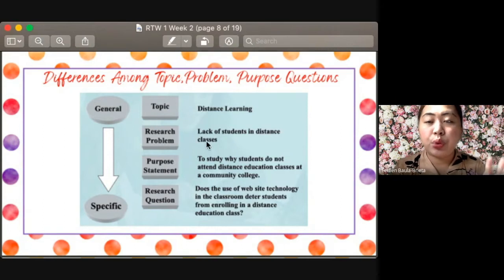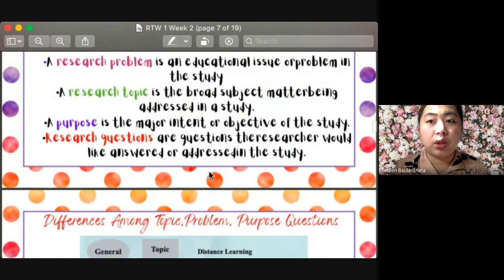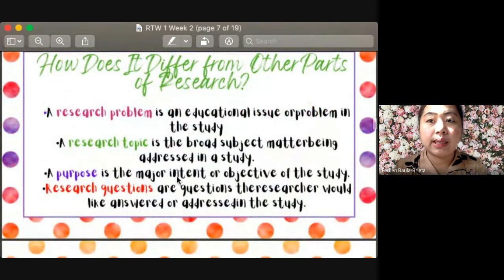So from that research problem that is under your distance learning topic, you can generate or craft a purpose statement. So the purpose a while ago is the intent or objective of the study.